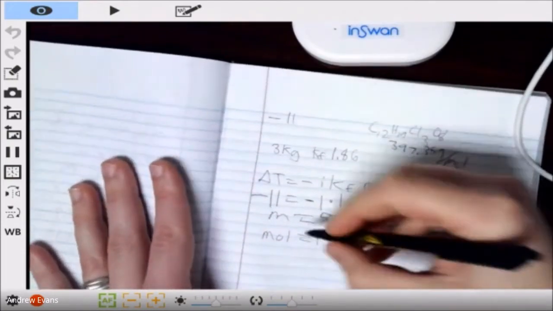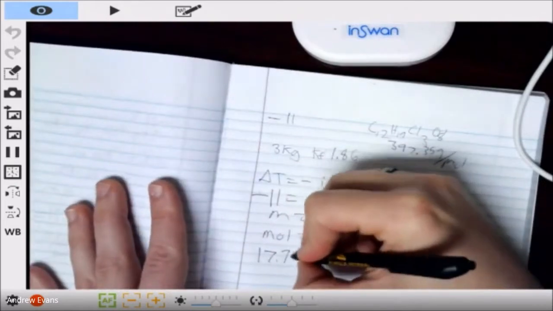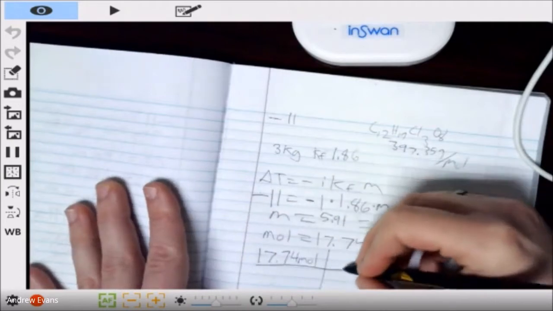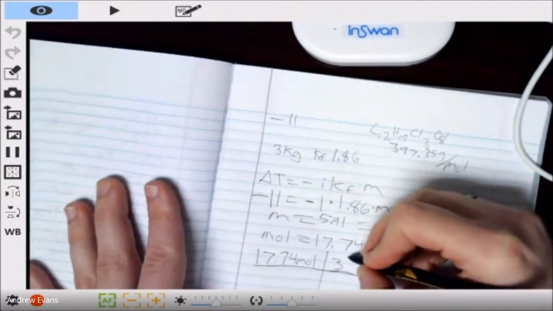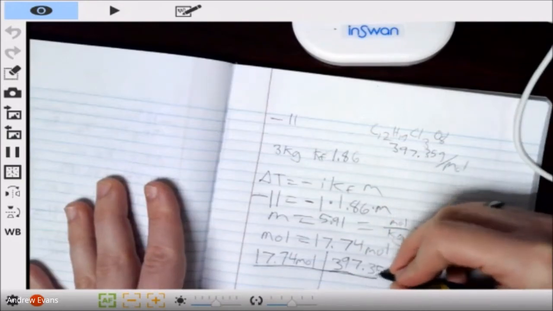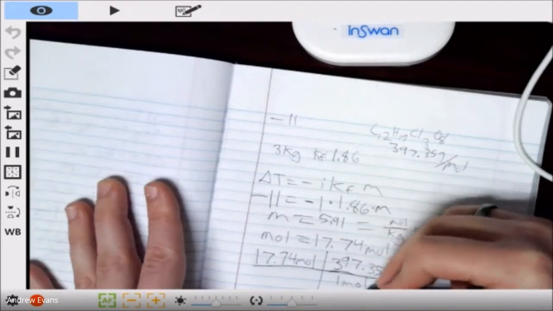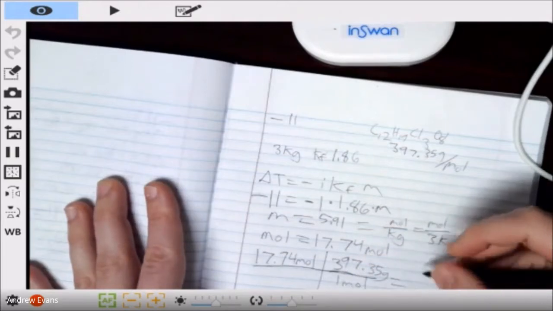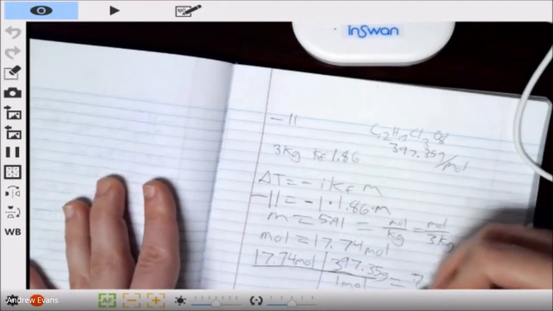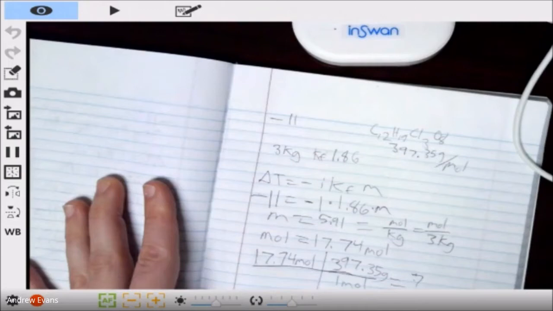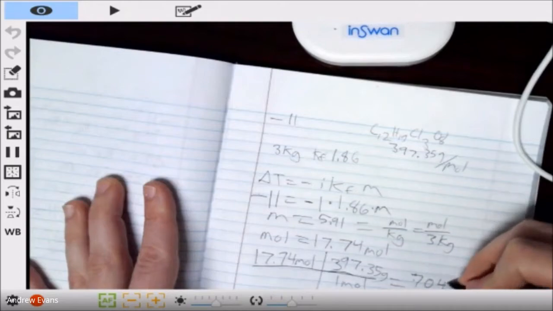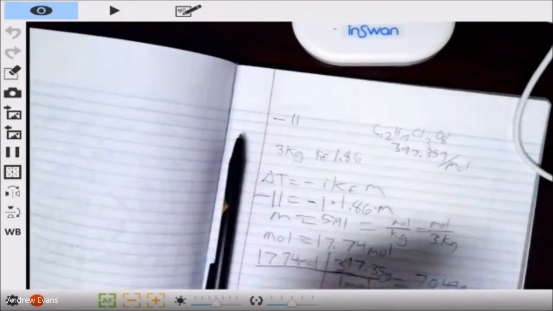The final step here: 17.74 moles, set that up with our molar mass, 397.35 grams over 1 mole. Setting that up, you should get something like 7,049 grams.